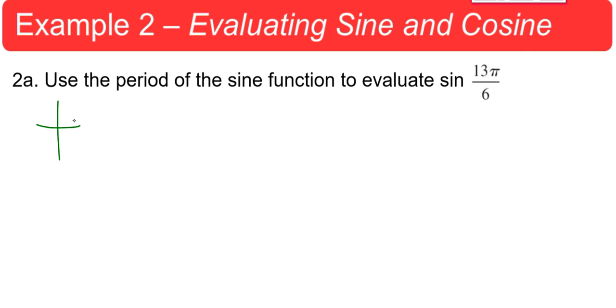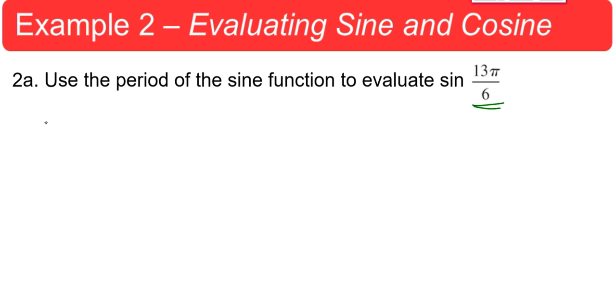Every 2 pi that we spin gets us back to the same thing. So we want to rewrite any angle in terms of 2 pi plus or minus some small, generally positive angle. It wouldn't have to be. We could use the negative as well.